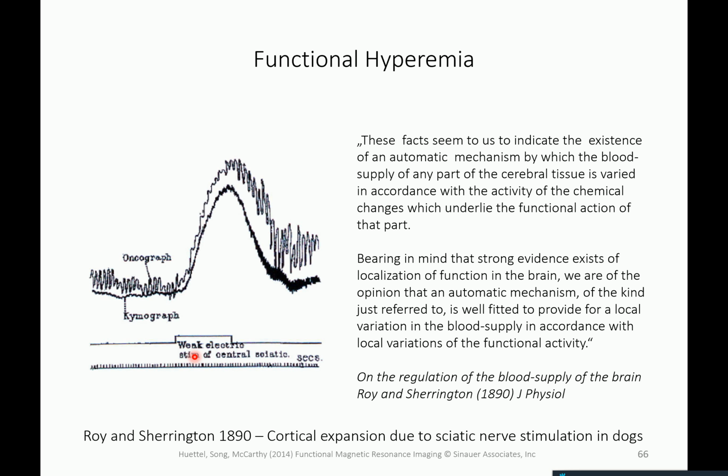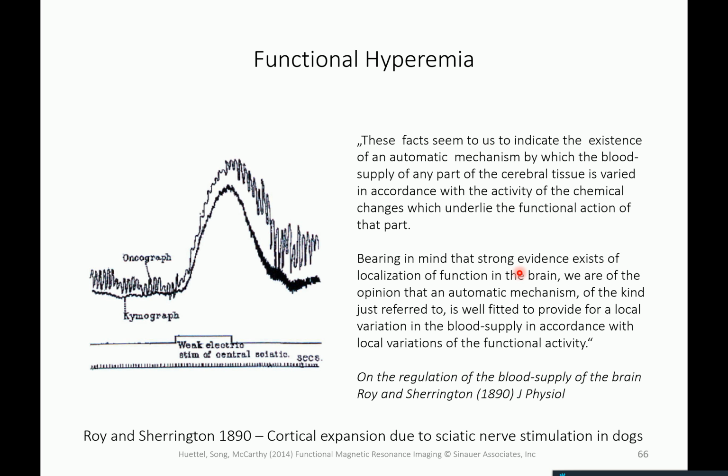And what the experimental result is that if there is some stimulation to an external nerve, there is an increase in this oncograph, so an expansion of the brain tissue, and which they relate to the regulation of blood supply.